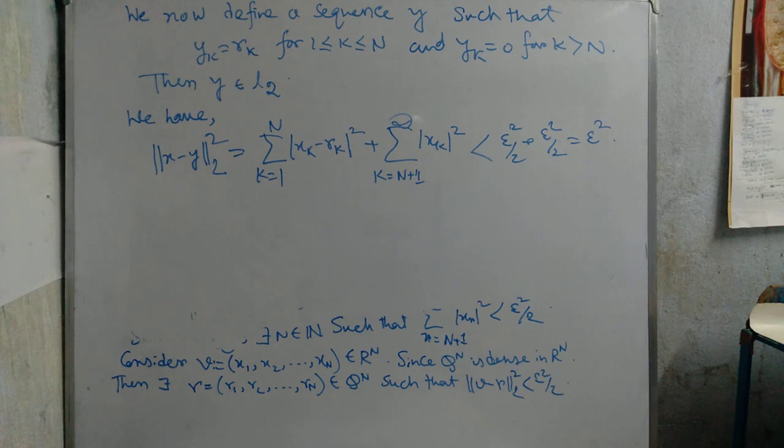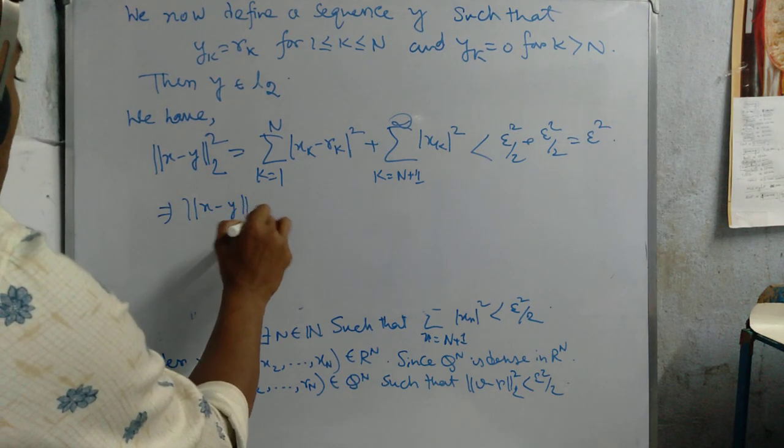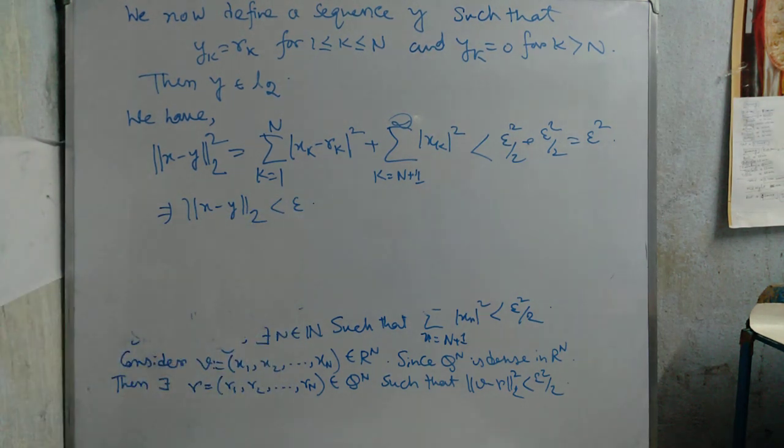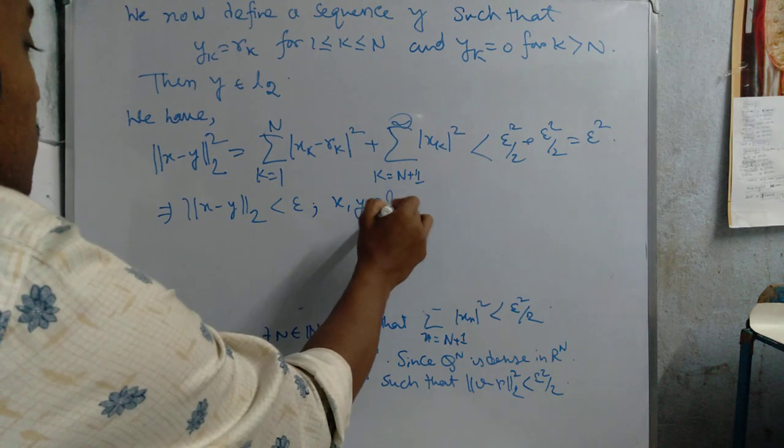This implies that norm of x minus y is less than epsilon, where x and y belong to L2.